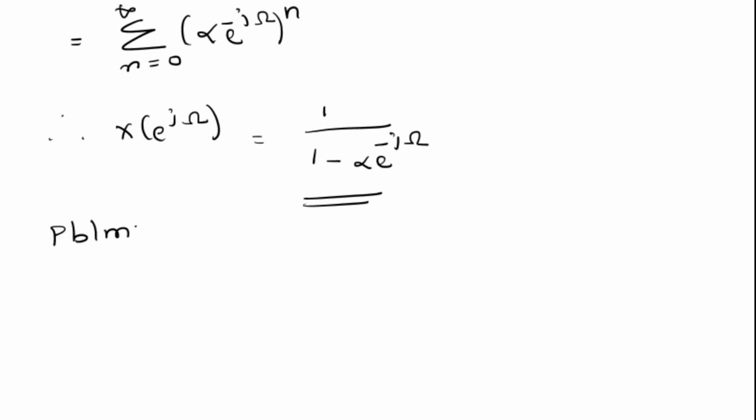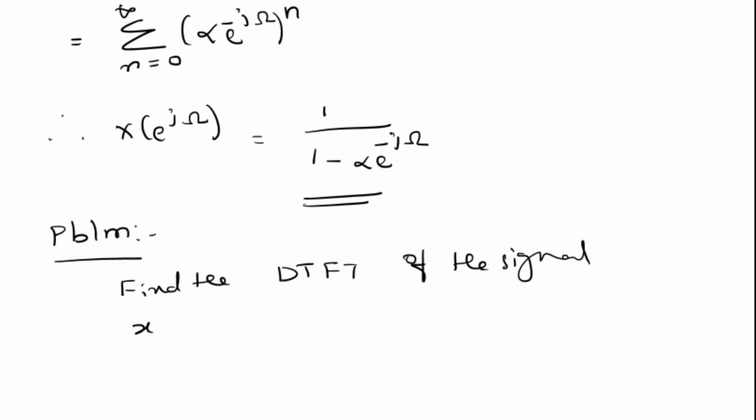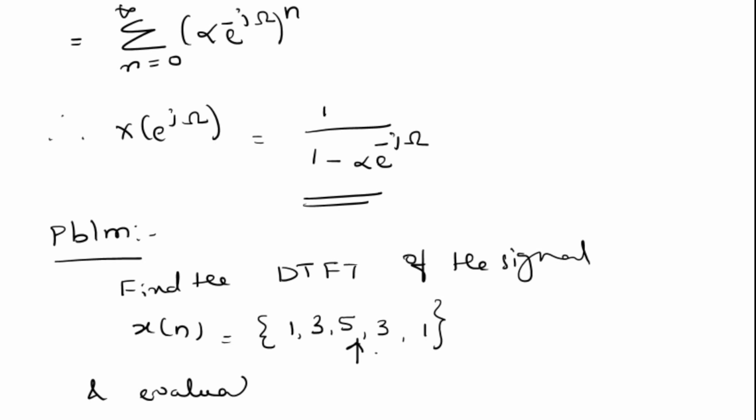Next problem, find the DTFT of the signal x of n is equal to 1, 3, 5, 3, 1, and evaluate X of e power j omega at omega is equal to 0.